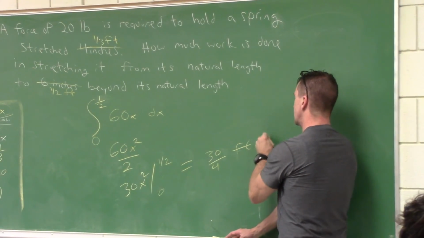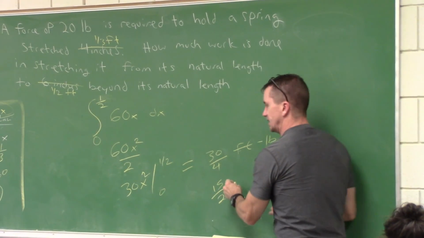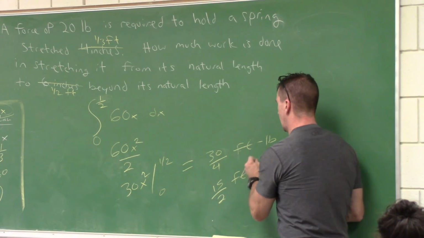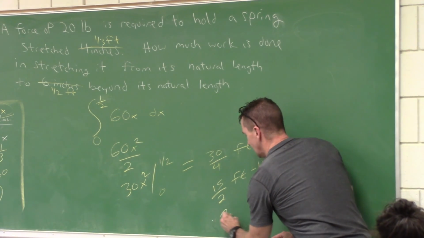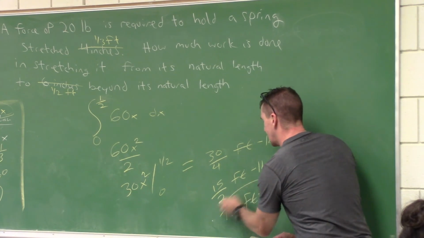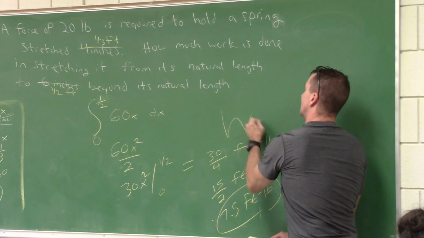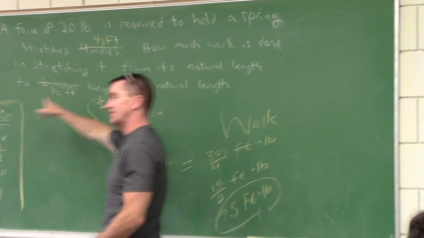FT-LB. Or 15 over what? 15 over 2 reduced, FT-LB. If you're a decimal person, that is 7.5 what? Foot pounds. That's the work necessary to stretch the spring that far. But we did have to use an integral to find that answer.